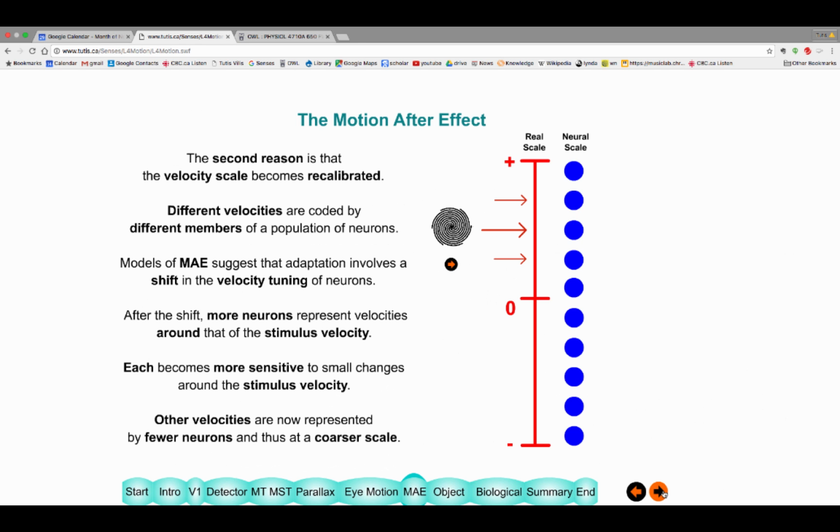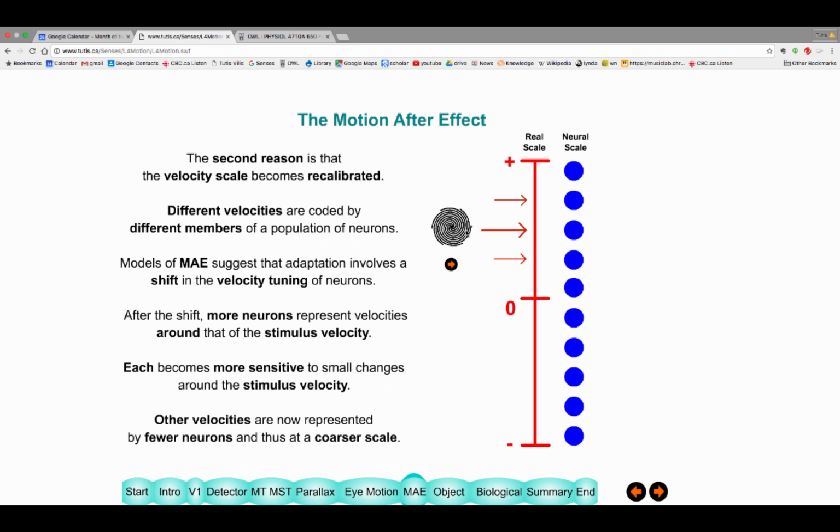The other equally likely possibility is that when you see something moving in a constant direction, your sense of motion gets recalibrated. You can imagine that you've got lots of cells. This cell senses motion at this speed, this other cell senses motion really fast at the opposite speed. Over here it's 0, and cells here sense motion slightly in this direction, and these slightly in the opposite direction.